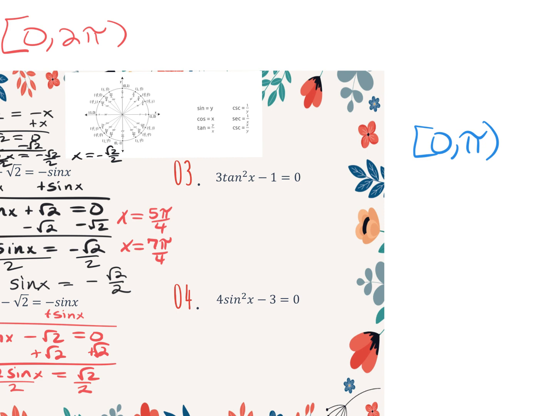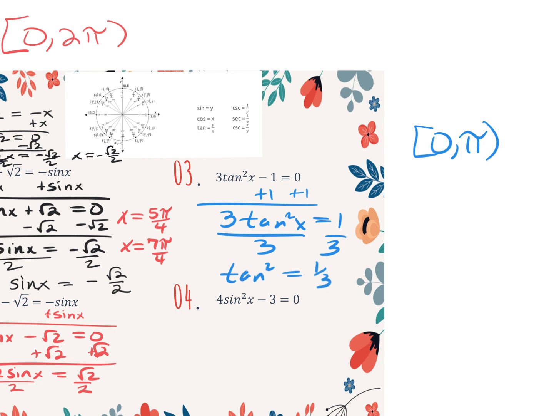So again, my goal is to isolate the trig function. So 3 tangent squared x, now the variable is changed on me, divide by 3, tangent squared is equal to 1/3. I don't want tangent squared, I need to square root it.